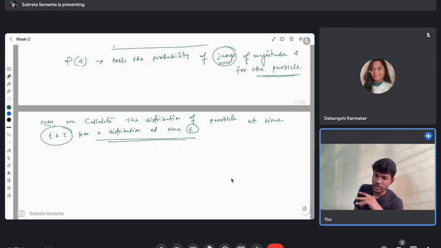Okay, so we are calculating the distribution of particles at time t plus tau from a distribution at time t.